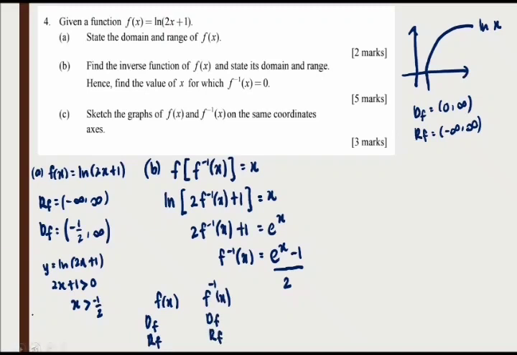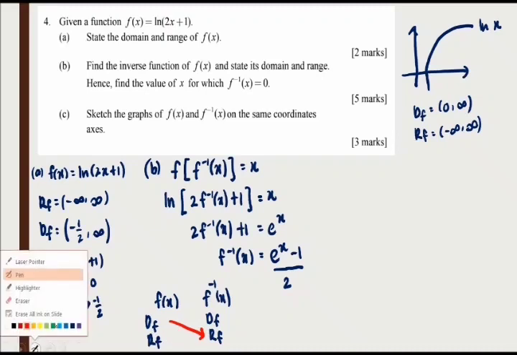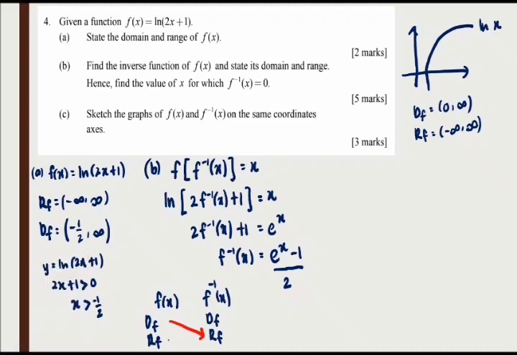So if we have a domain for our f(x) already, that will be the range for our inverse. And the range for our f(x) will be the domain for our inverse.